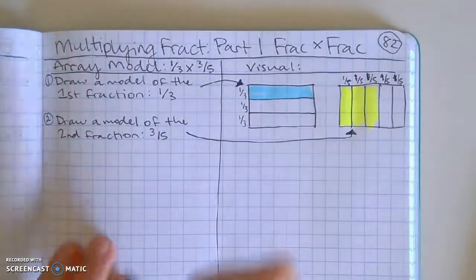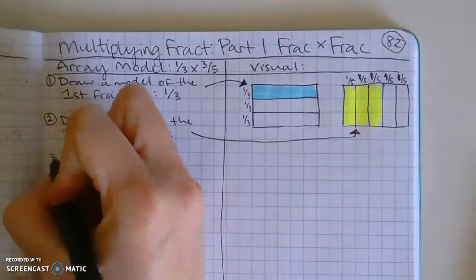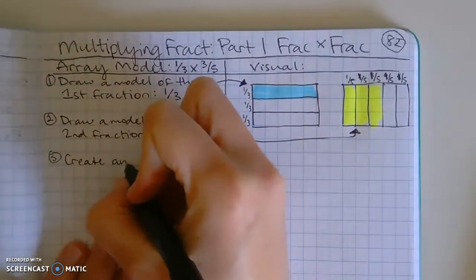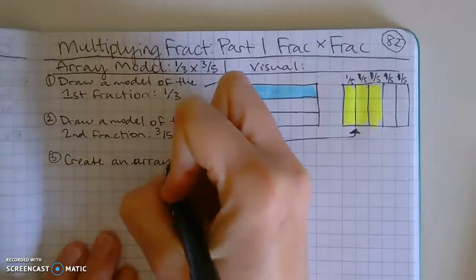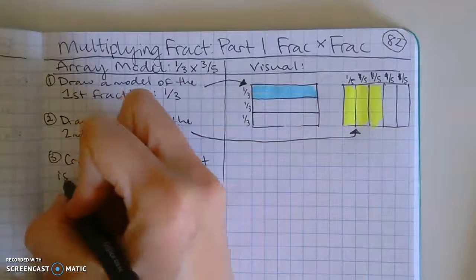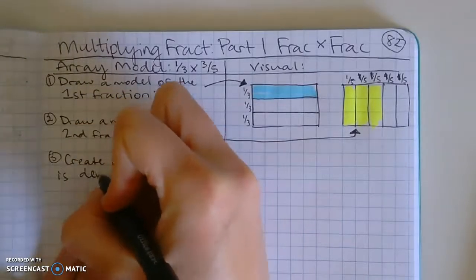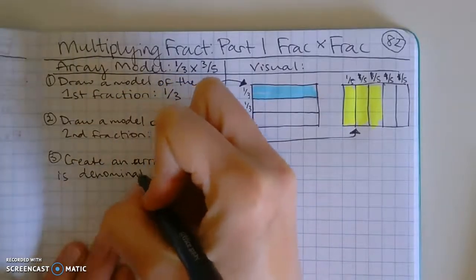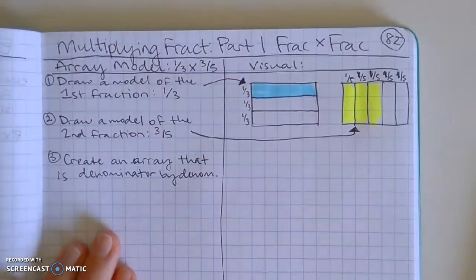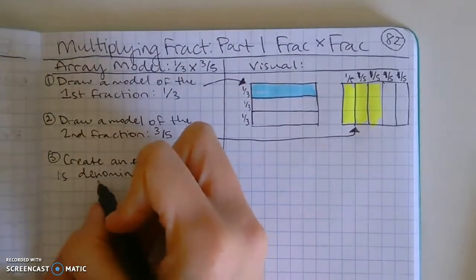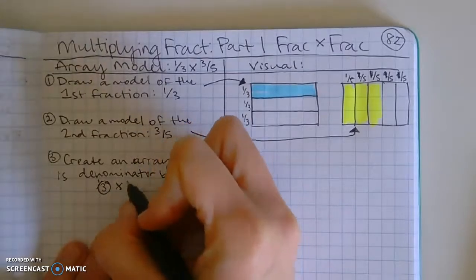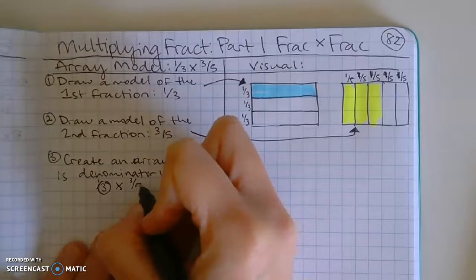All right, step 3. Now we're going to create an array that is denominator by denominator, okay? So in this case, it's going to be 3 by 5.